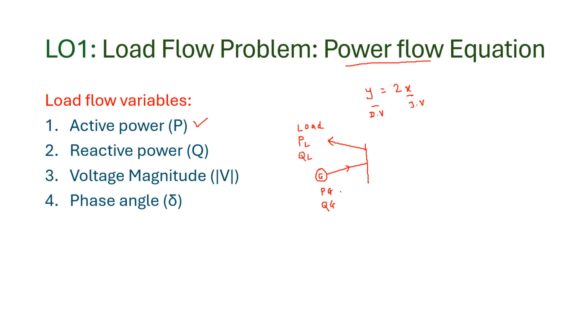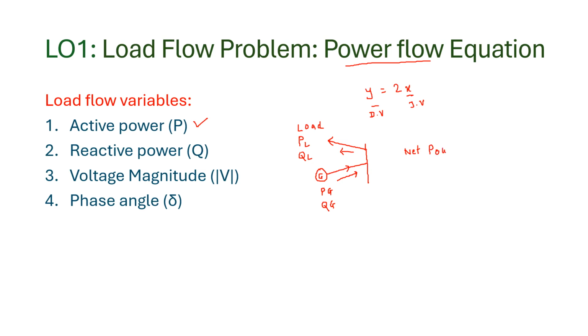Now we can see here some power we are injecting into the system and some power we are fetching out from the system. So now the question is, what is the net power that we are injecting into the system?